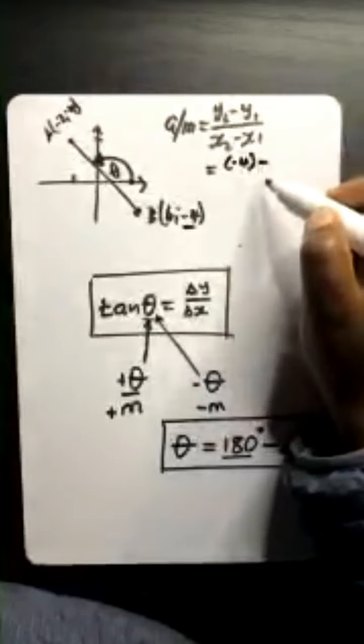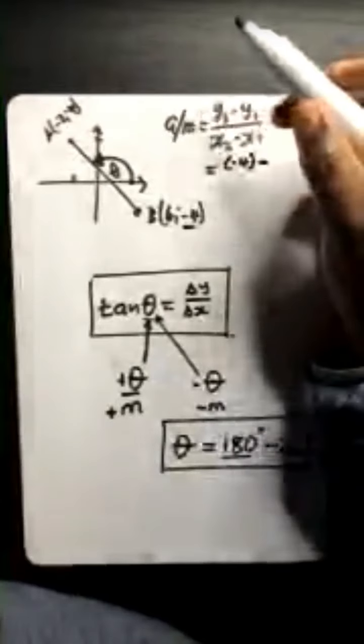So y2 is going to be -4 minus y1. What will y1 be? Obviously, positive 4 over there.